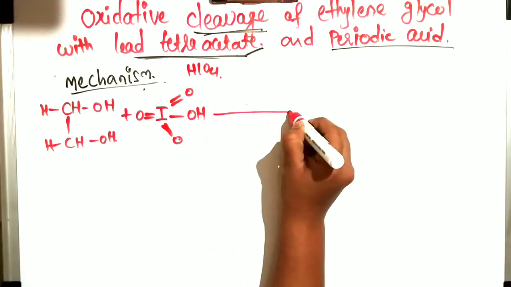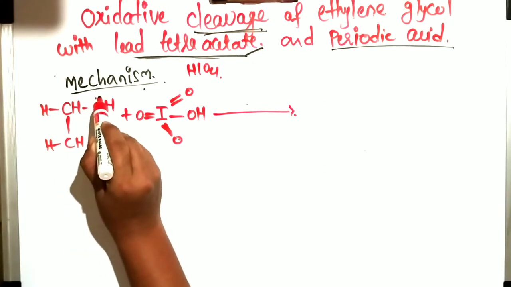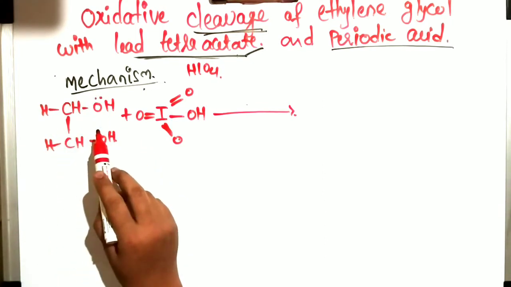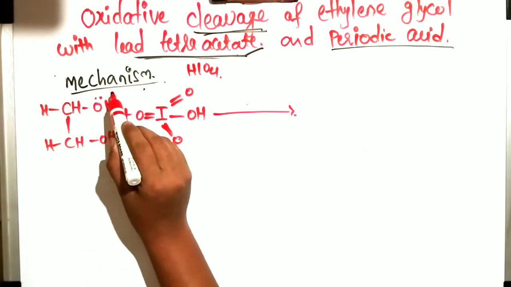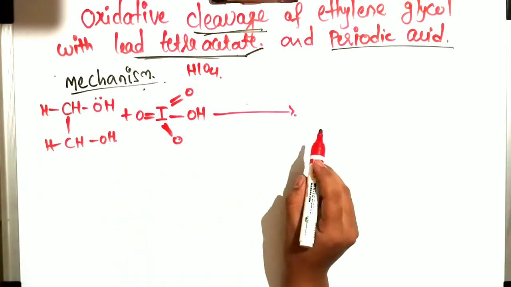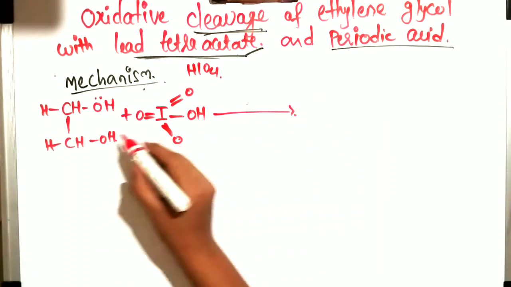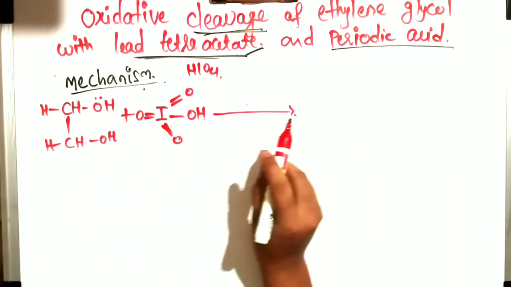So what happens here? This oxygen has a lone pair of electrons, which will give out, and a double bond will occur. The double bond causes a disturbance.